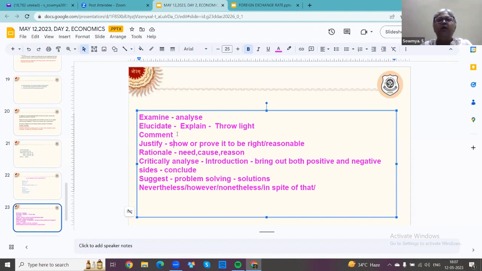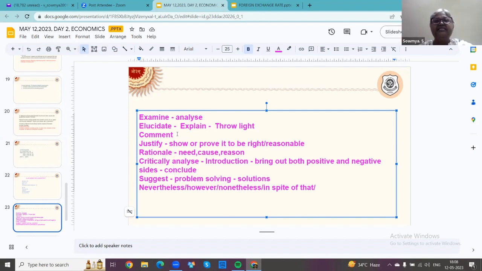Then justify. This is another very common word. Some statement might be given and then they will be asked to justify it. So they are supposed to show or prove it to be right, or comment on whether it's reasonable, whether it's right or wrong. And rationale, we just saw that it's a need, cause, or the reason.